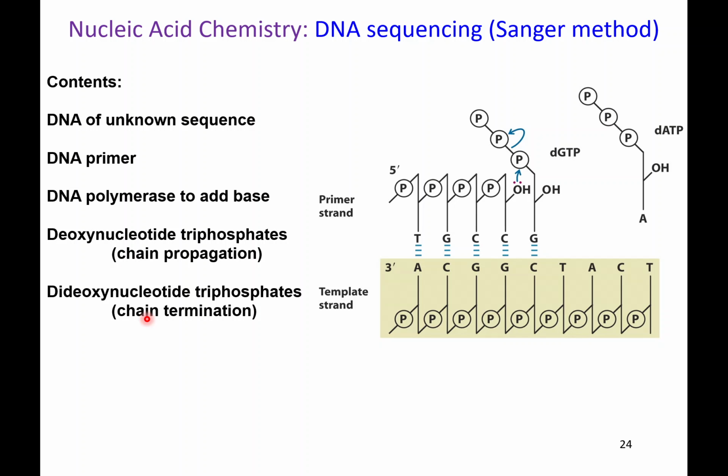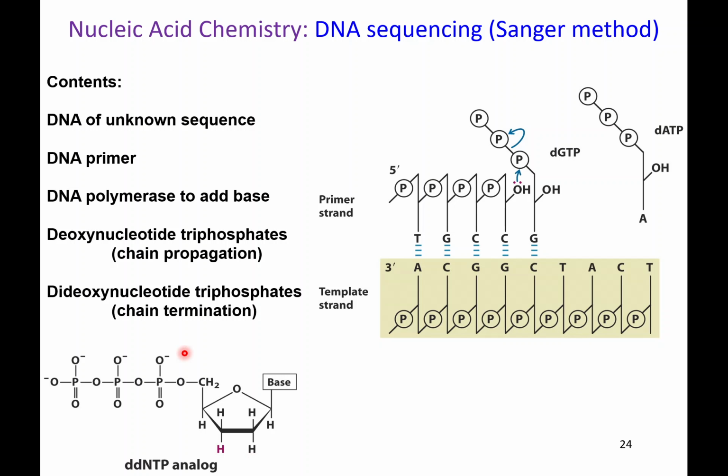So when one of these nucleotides is added to this chain, this OH group is no longer there, and so there's nowhere to keep that chain going. There's nowhere to stick that 5' phosphate from the next base onto it. So when you have that, the chain terminates. Okay, so it's important to have these dideoxynucleotides, A, G, C, and T, in equal quantities to one another.